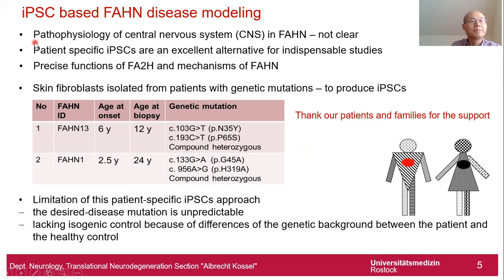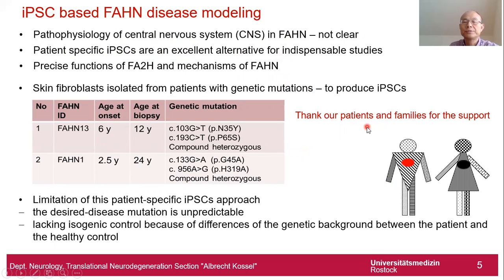Because until now, the pathophysiology of the central nervous system seen in FAHN is still not so clear. Therefore, patient-specific iPS are an excellent alternative to study the precise function of FA2H and the mechanism of FAHN.